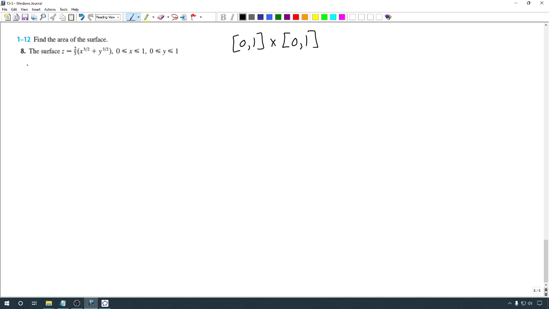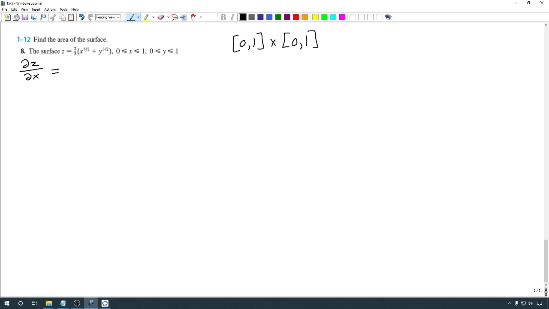Well, following the formulas that we had from before, we need to look at the derivatives of z with respect to x and y. Now, this is actually not as complicated as it might look initially because this is just the sum of a function of x and a function of y. When we take the partial derivative with respect to x, the y part doesn't matter. We're just differentiating this power of x.